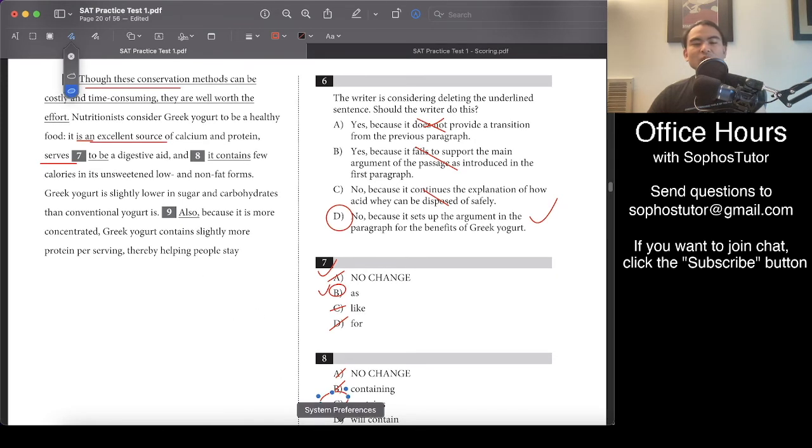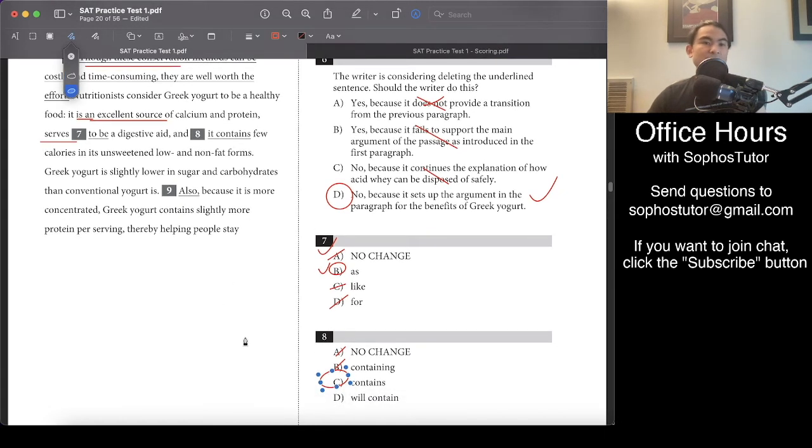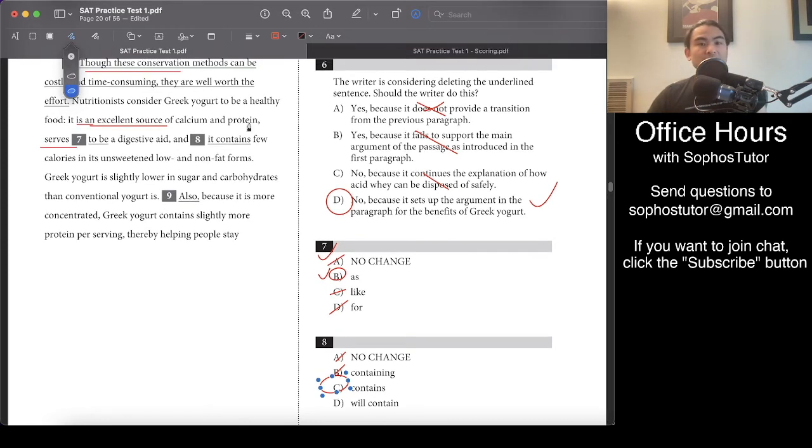Just double check. "It will contain," no. It contains it right now. So 8C. You saw how as soon as I saw that this was a list, I wanted to establish what kind of list this is. The second term in this list establishes what the list is, in this case of verb phrases. So I needed a verb phrase to start off where question 8 is.